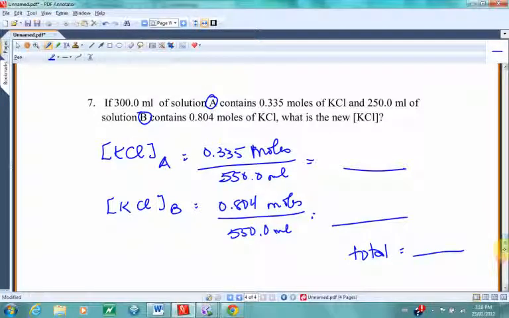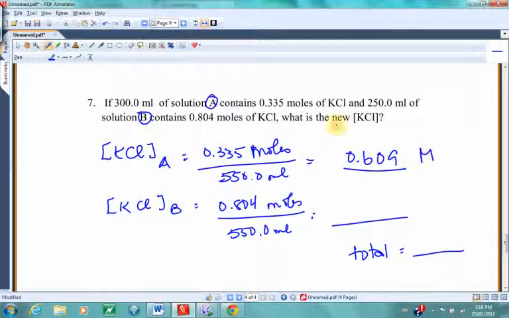Okay, 0.335 divided by 0.5500 equals 0.609 molar. Please note that even though I didn't write it down, I changed that to liters.